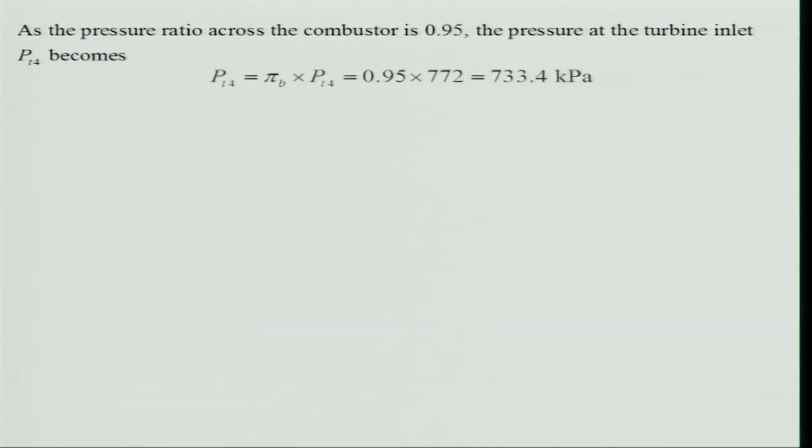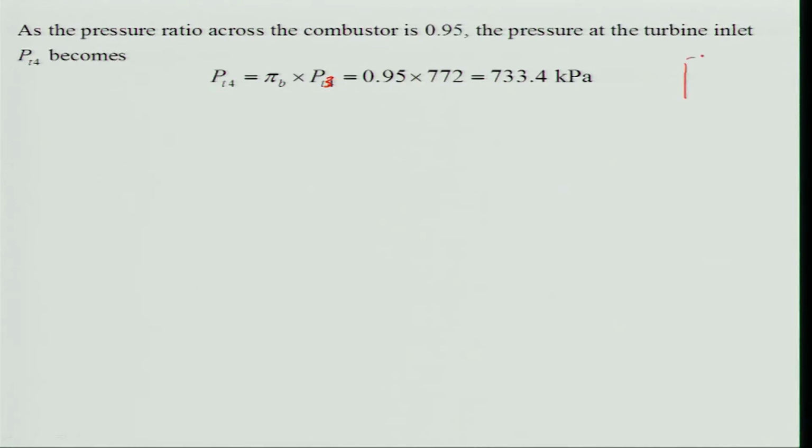So, as the pressure ratio across the combustion chamber is 0.95, you can get basically Pt4 will be pi B into Pt3, because pi B is Pt4 by Pt3.